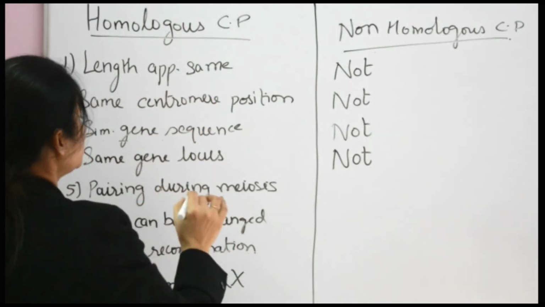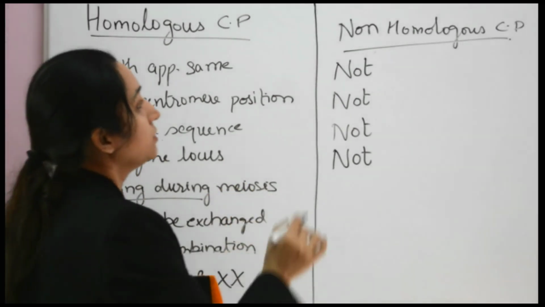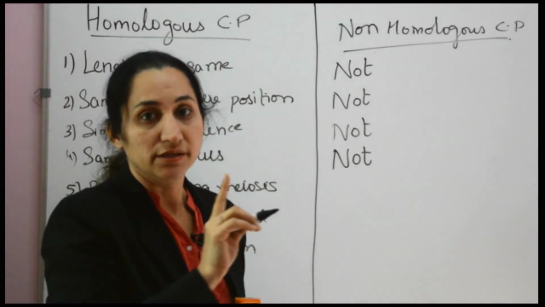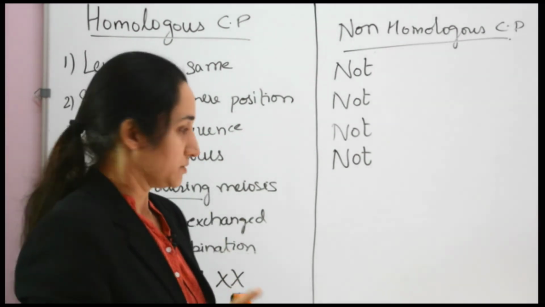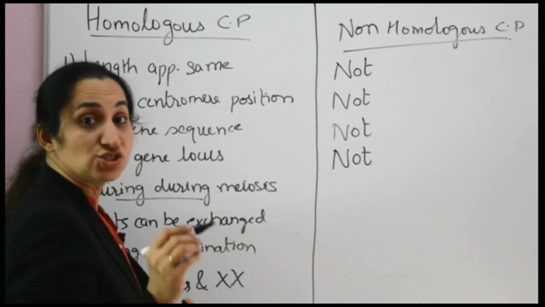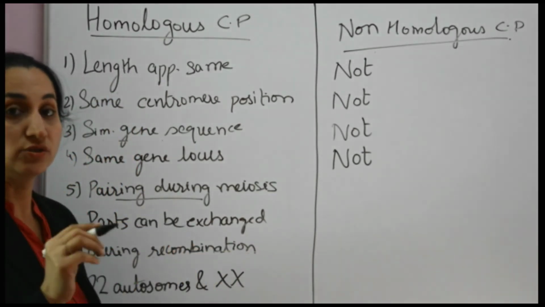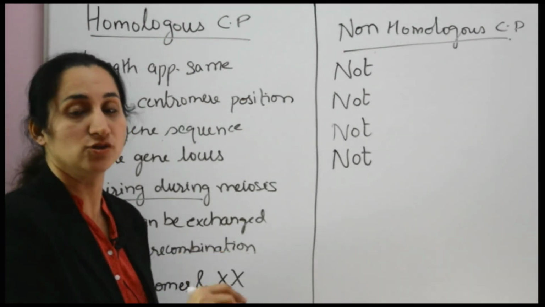Now the next one is that homologous chromosomes pair during meiosis, but non-homologous chromosomes never pair during meiosis. The parts of homologous chromosomes are exchanged during recombination. Now what is this recombination?